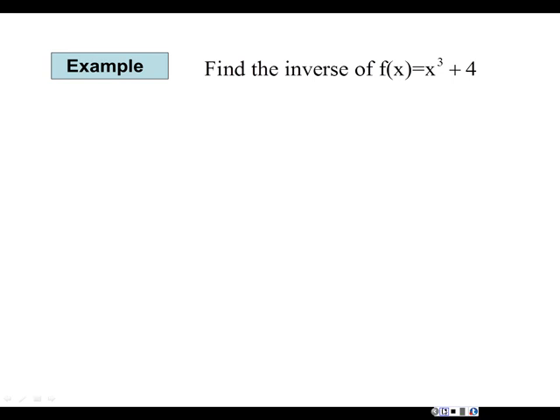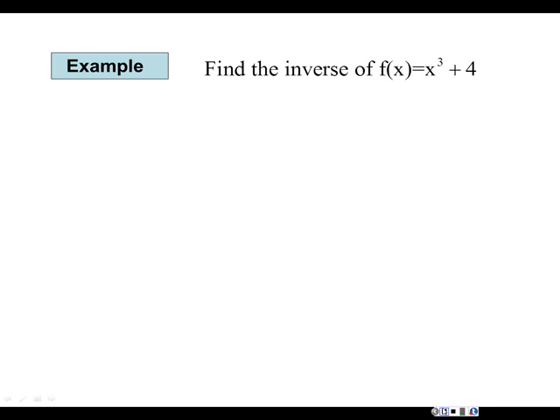Okay, so we first replace the f of x by y. This is step 1. In step 2, we interchange x and y. So this is going to be x equals y cubed plus 4. And then in step 3, we solve the equation for y.